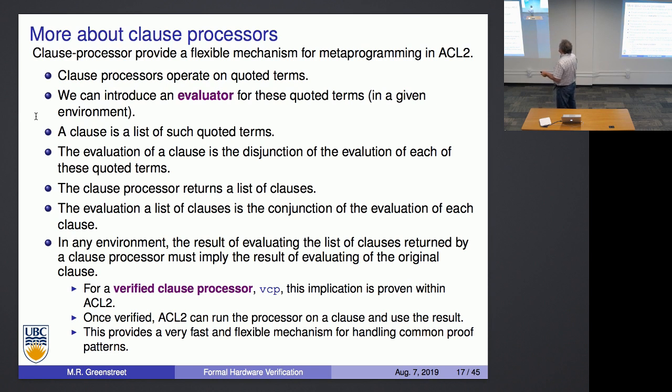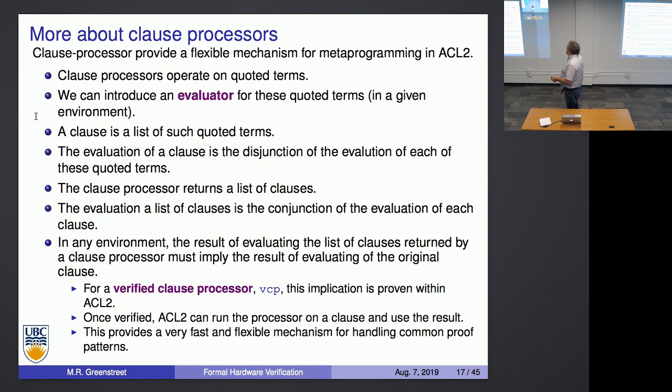Okay, so a clause is a list of such quoted terms, and the evaluation of a clause is the disjunction of the evaluation of each quoted term. A clause processor returns a list of clauses whose evaluation is the conjunction of those. So basically, ACL2 pending proofs are in conjunctive normal form.